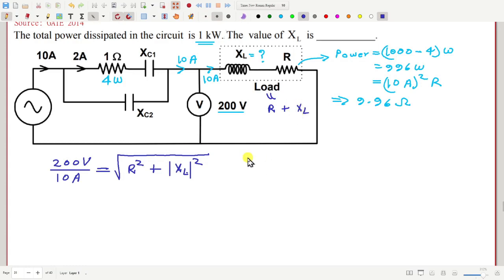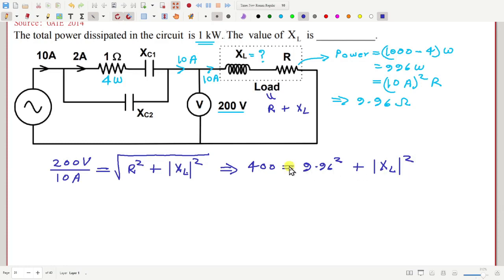So the left side is 20 squared, 400, and the right side will be 9.96 squared plus mod XL squared. From this you can get the value of XL.